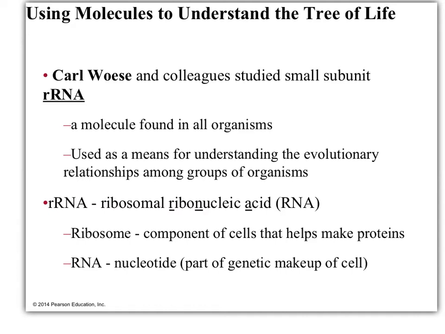And it wasn't until this guy, Carl Woese, began to look at a molecule called rRNA. What does rRNA stand for? Okay, I wrote it down here for you. It's ribosomal ribonucleic acid. And this is part of the genetic material that you have, right?